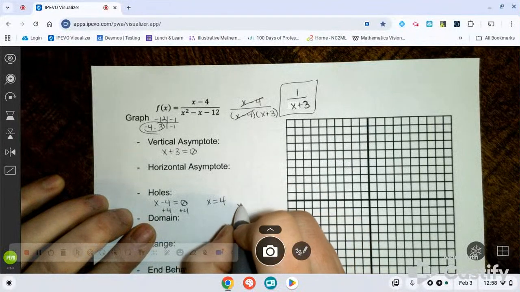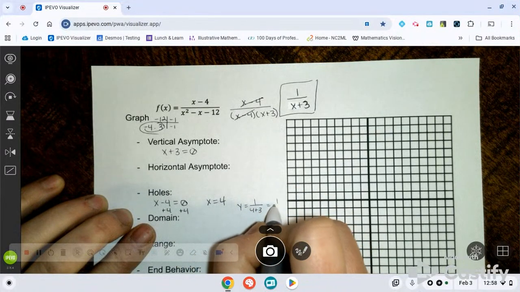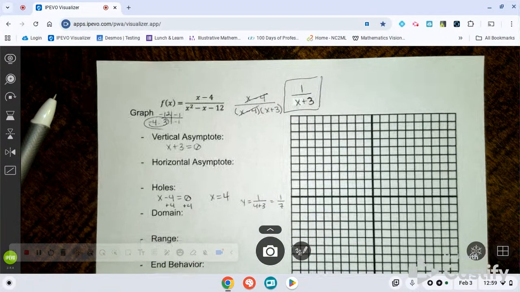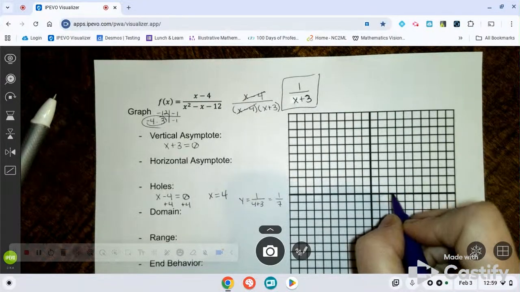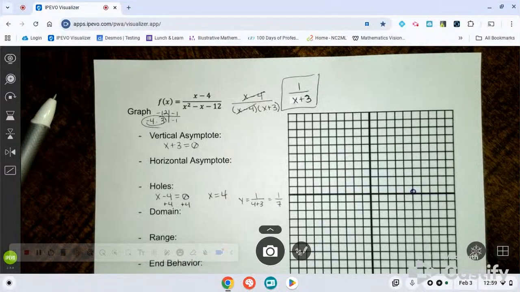And I'm going to substitute to find y: 1 over 4 plus 3, which is going to simplify to 1 over 7. Again, I realize 1 over 7 is a very difficult number to graph accurately, so we are going to go 1, 2, 3, 4, just go up a tiny bit and make an open circle there. Again, we're doing a rough sketch.